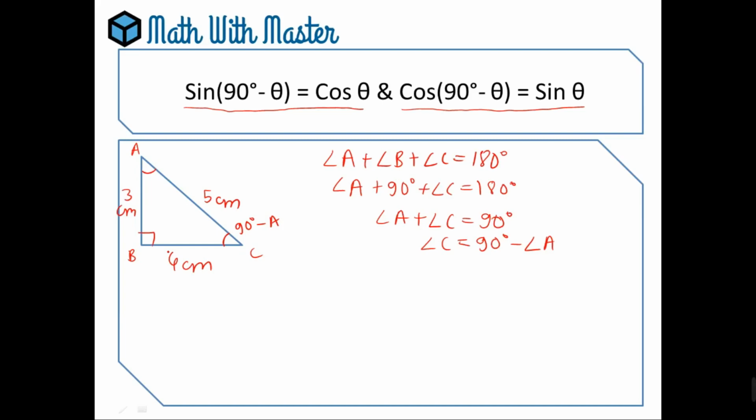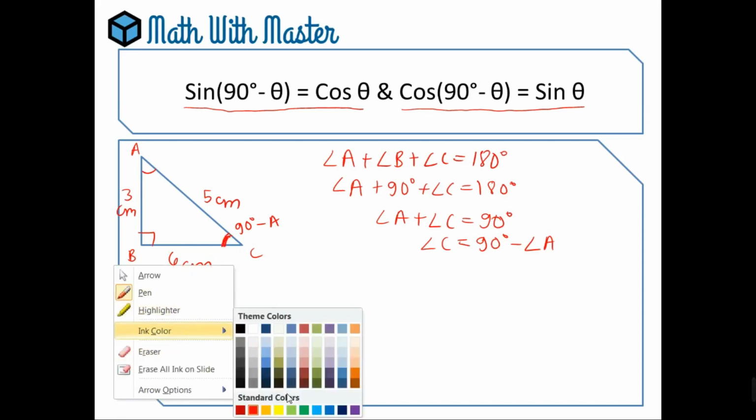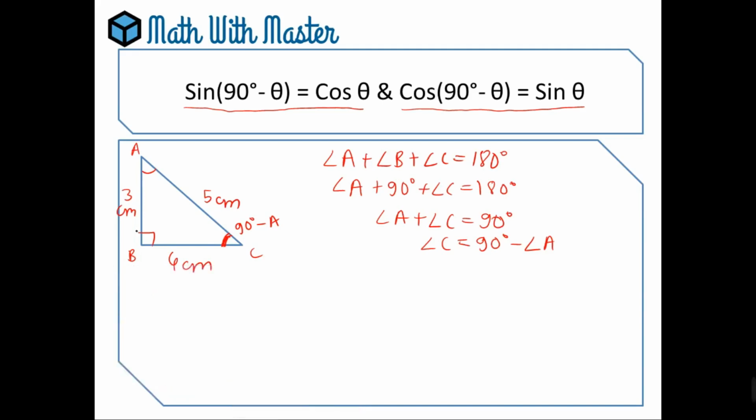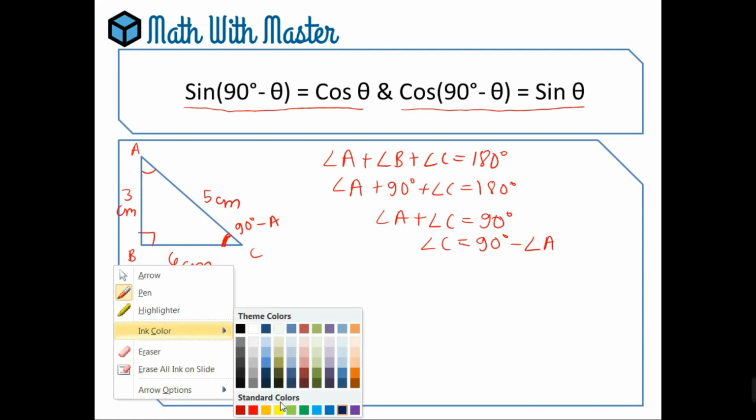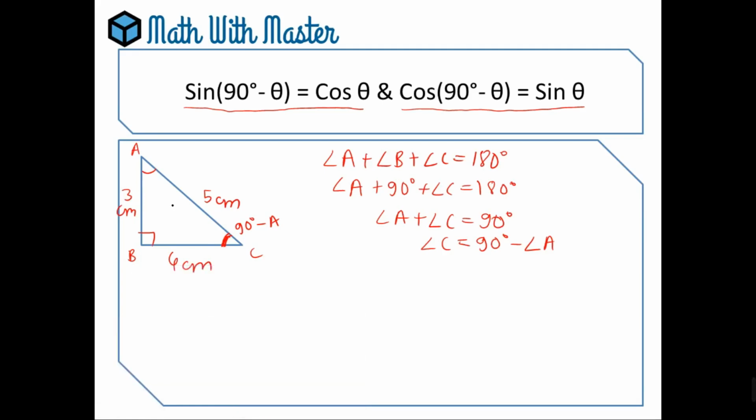So here you can see, for angle C, the perpendicular is AB, hypotenuse is AC and base is BC.